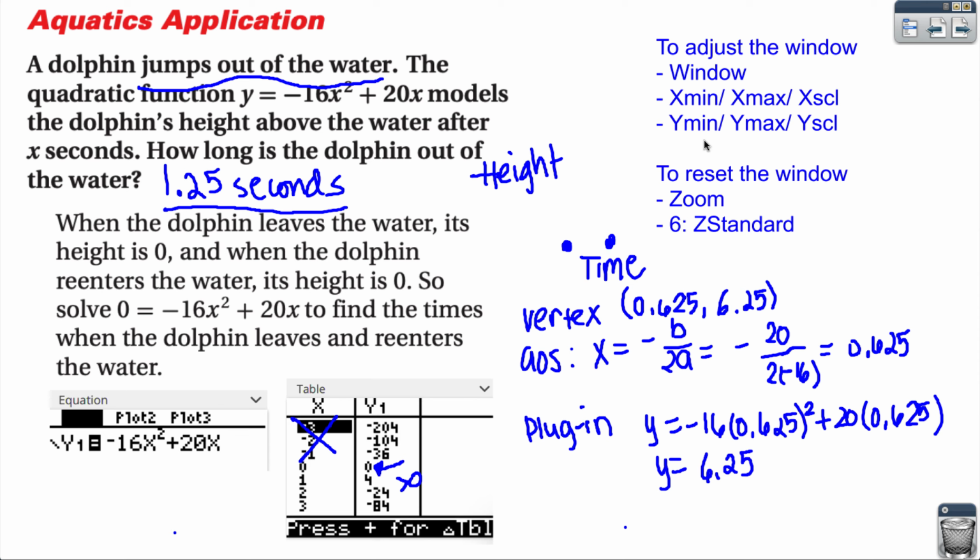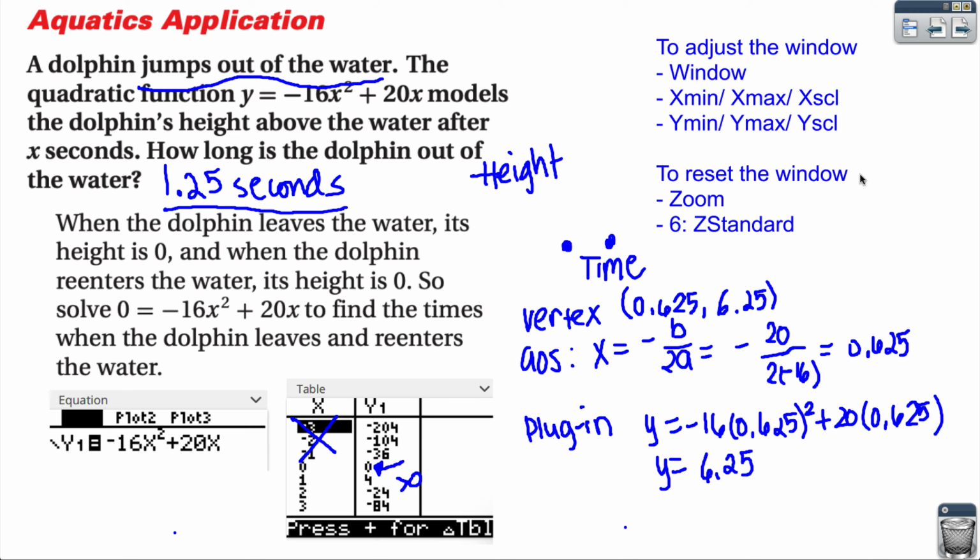It might confuse you in the future. Here's what you can do. Simply click on zoom, the top middle button, and then select number 6. It says Z standard. What that does is it resets your window to the standard one, the middle x and y axis that you've seen from the beginning.